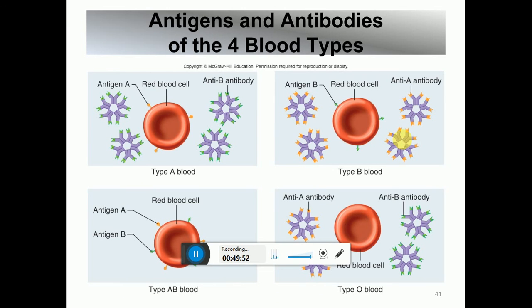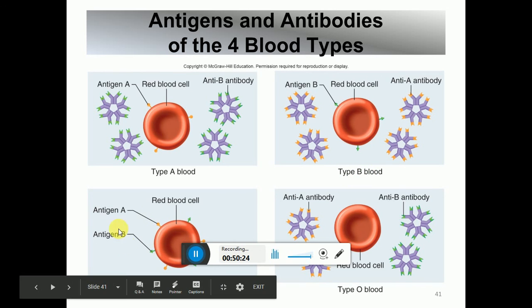And here you can see a better demonstration of the antigens and antibodies. Here you've got your RBCs with the little antigens on them, and these are your antibodies circulating within the bloodstream. This individual has an antigen A on the surface and antibody B, so that person is type A. This red blood cell has antigen B, so that person has type B blood.